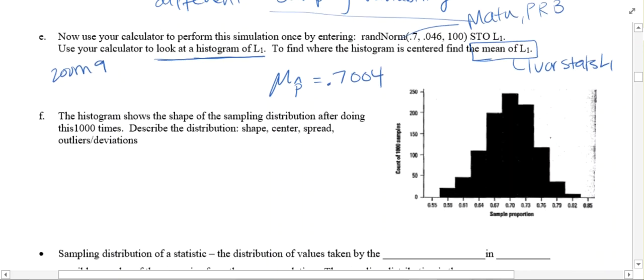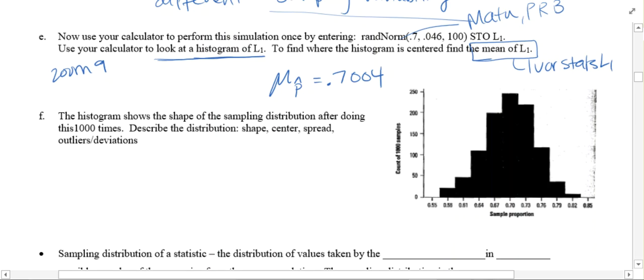Okay, so this histogram shows the shape of the sampling distribution after doing this 1,000 times. So we got those sample proportions 1,000 times, and you can see what this would look like. If we do this over and over and over again, there's a couple things that we want to look at.